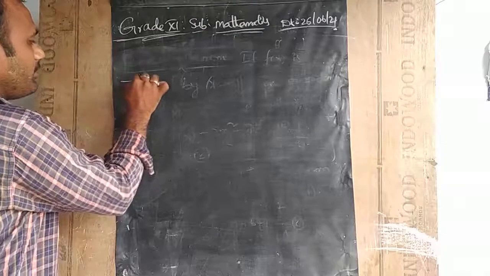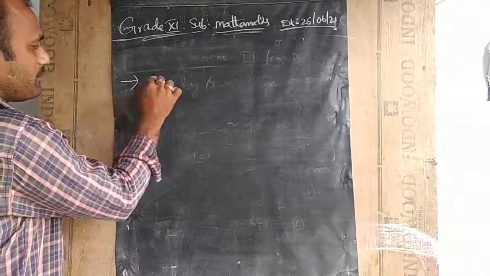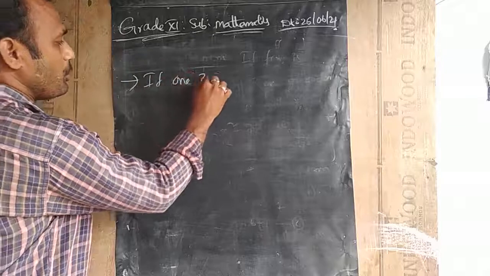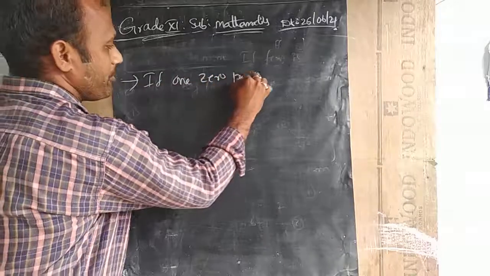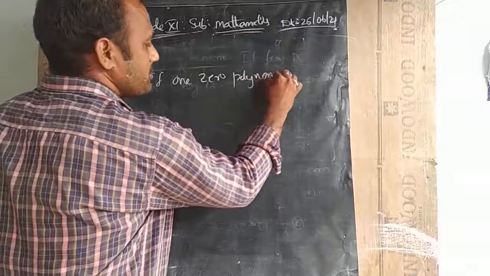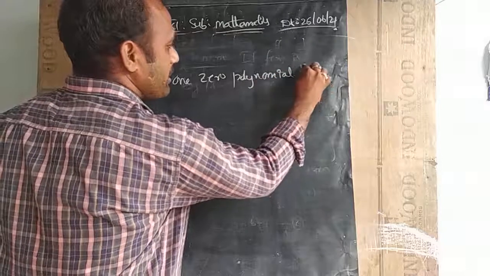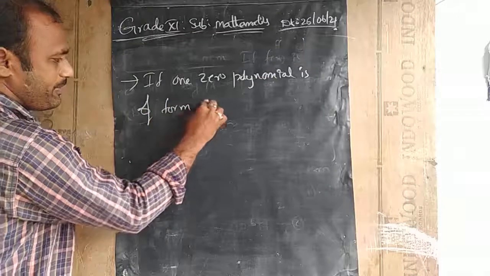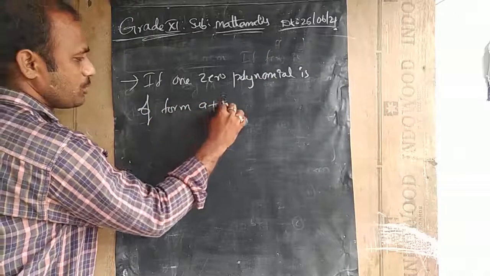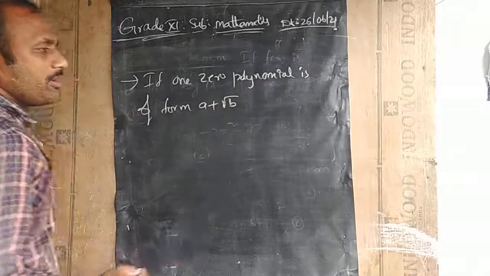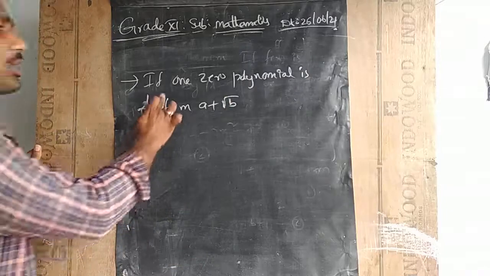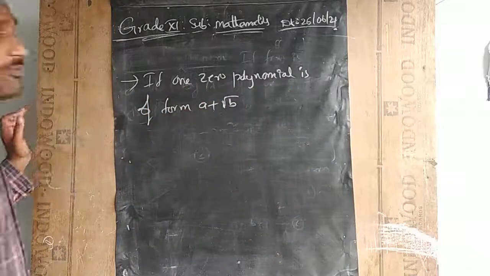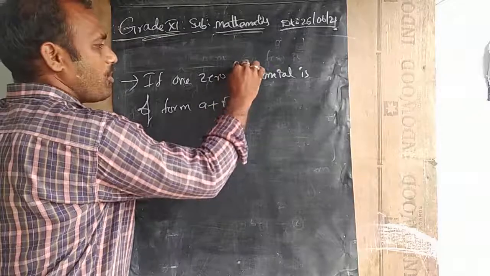Now let us see one important concept in polynomials, students. The very important concept is one zero of a polynomial. If one zero of a polynomial is of the form a plus root b, we are talking about a quadratic polynomial.